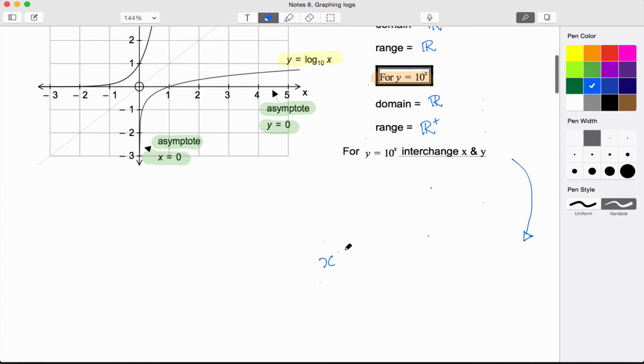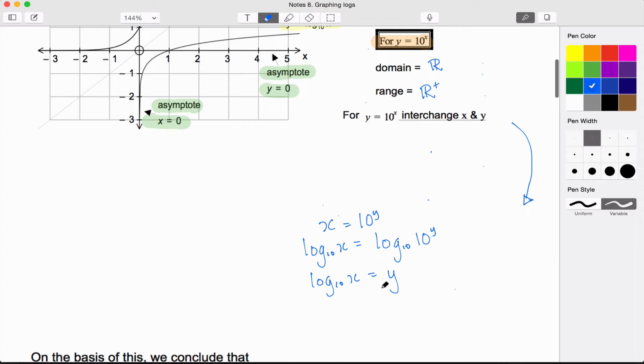Swap the x's and the y's. x equals 10 to the y. We can then simplify this and take log 10 of both sides. And we get log 10 of x equals, these two will cancel, we're left with y. y equals log 10 of x.